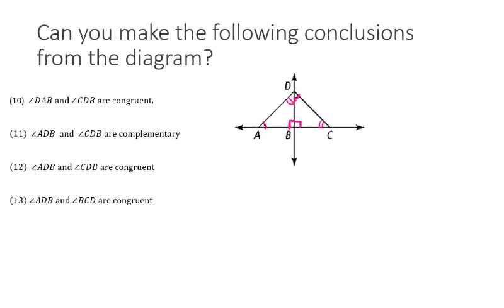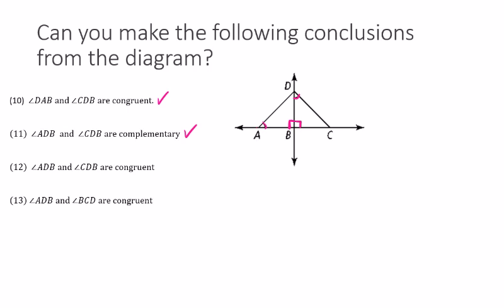So yeah, you actually can conclude that ADB is complementary with CDB. It took some work on that one, but they are complementary based on the fact that the angles of a triangle add up to 180.